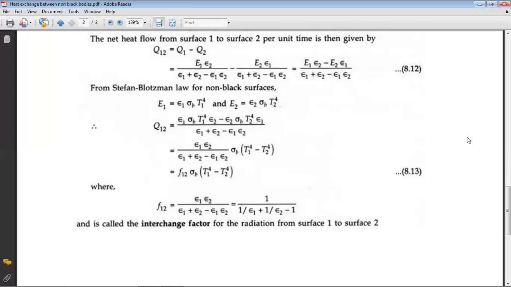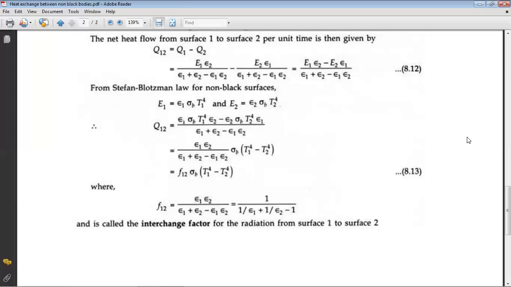And if A1 does not see itself, suppose it could be a convex one, then F1 on 1 is 0. It means F1 on 2 will be equal to 1, because the sum of shape factors will always be equal to 1.